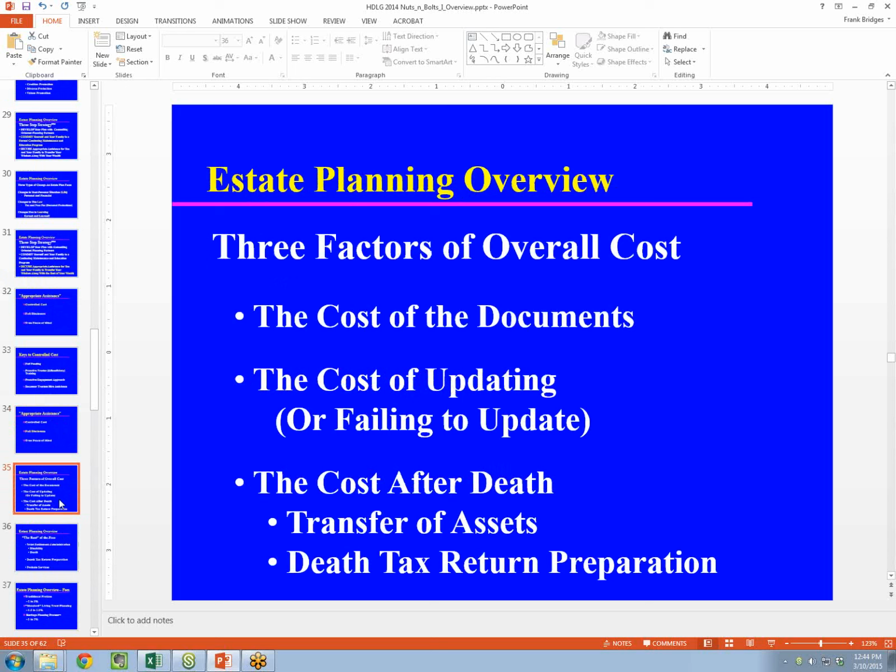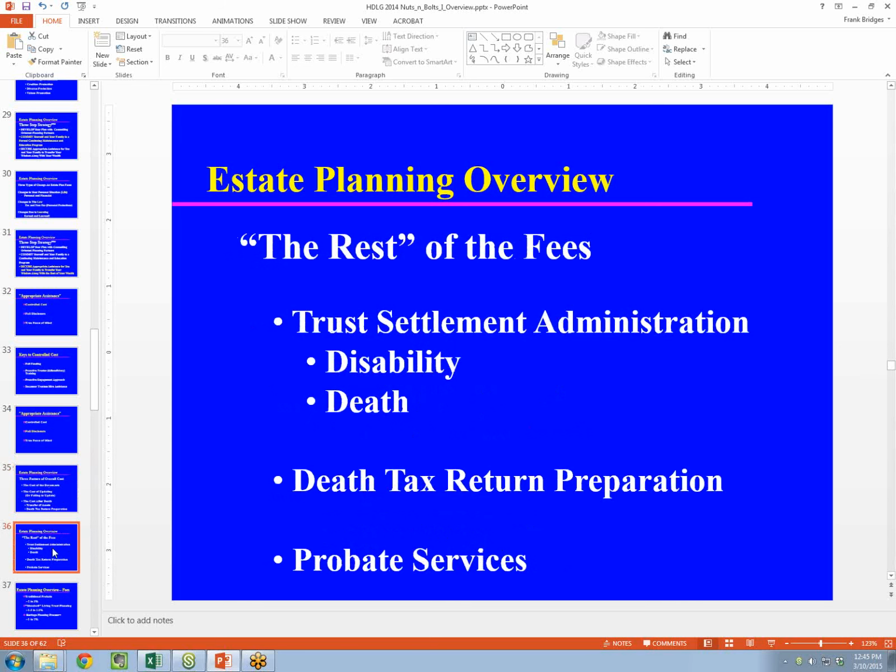So what are the factors of overall cost? Well, the first is the cost of the documents up front. Everybody understands that. Then there's the cost of updating, meaning keeping things up to date, dealing with change over time, or the cost of failing to update, which can be very costly. And then there's the cost after death, to transfer the assets and to prepare death tax returns.